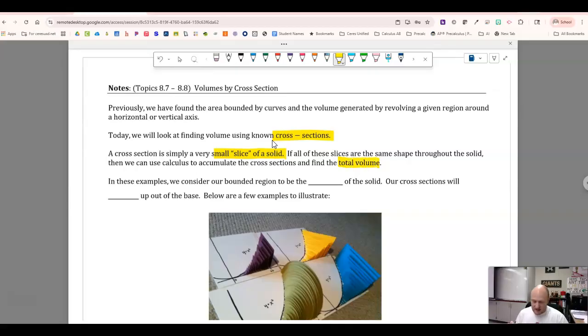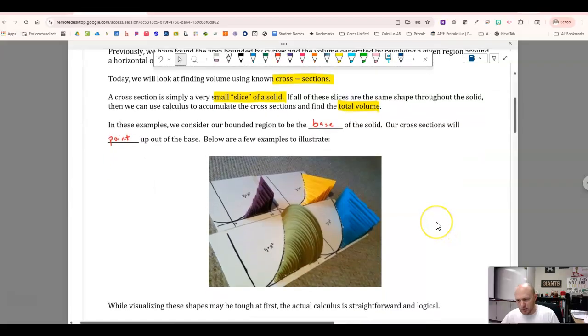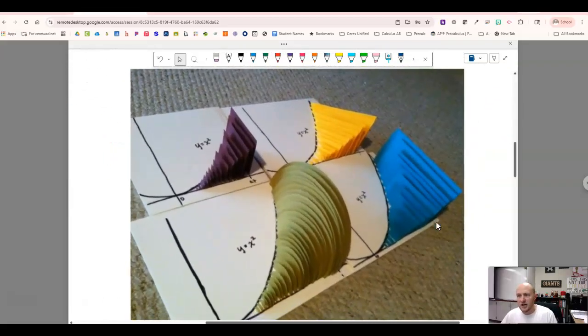In these examples, the bounded region is going to be the base of a solid, and the cross sections will point up out of the base. Here's a couple of examples to illustrate. You can see the region is y equals x squared and the x-axis, and you have these two-dimensional shapes sticking out.